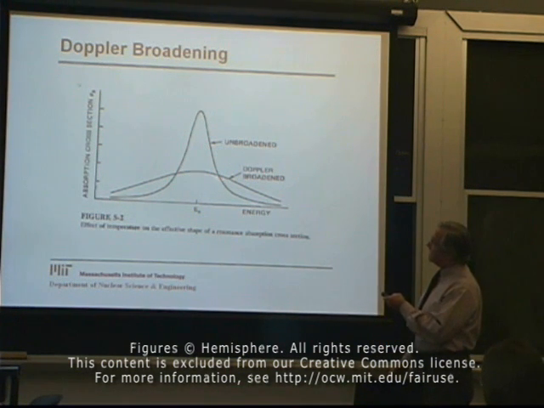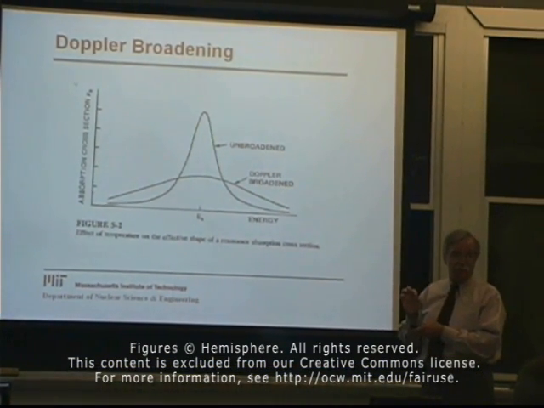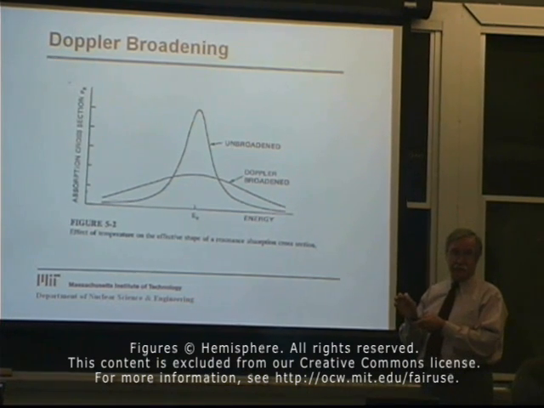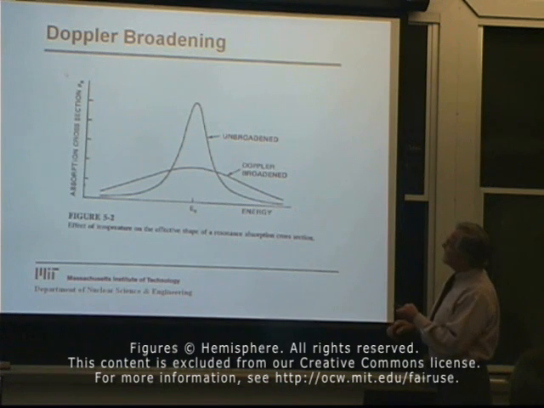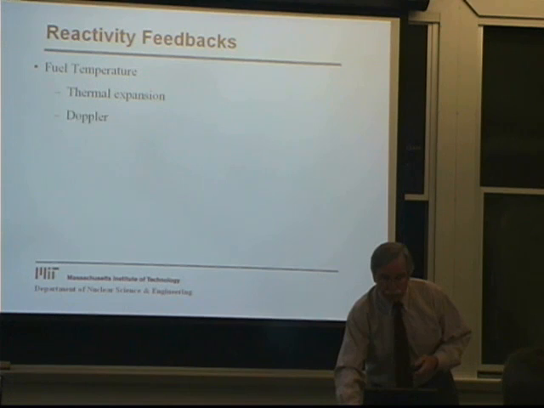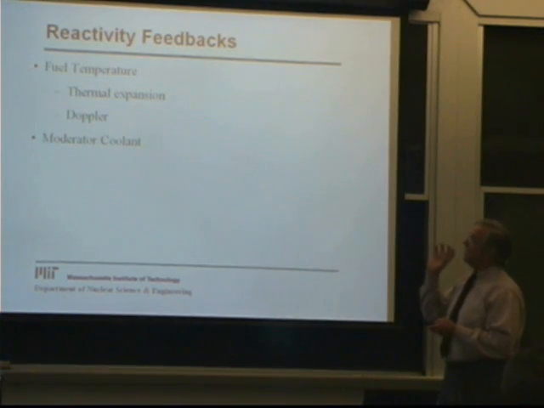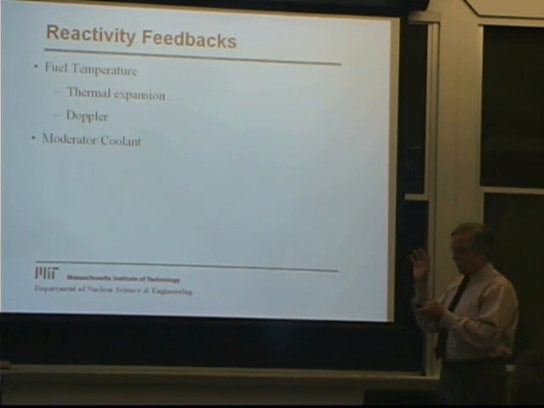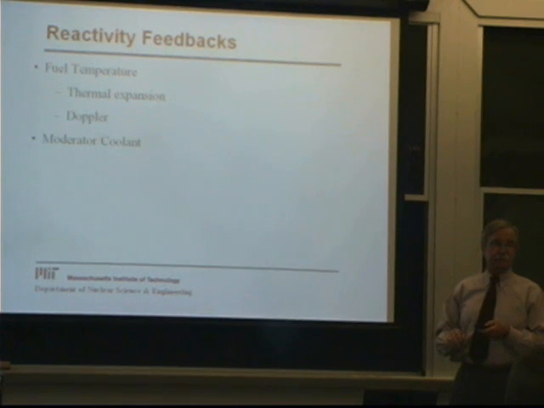So if you raise the temperature, you broaden the absorption cross-section to a point where the likelihood of a neutron being captured in U-238 increases, which is a negative reactivity effect, because you reduce the population of neutrons that are thermalized. So Doppler broadening and the thermal expansion of the fuel are negative effects. Now, when does Doppler broadening not help you?